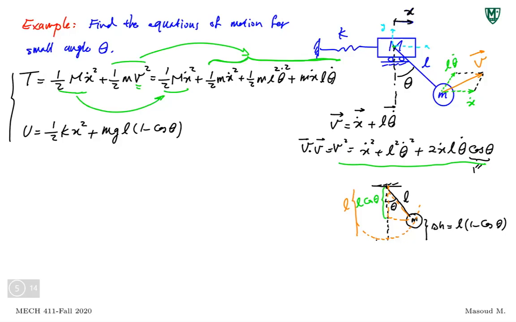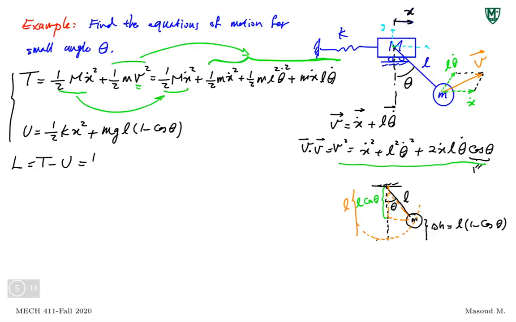Finally, we formed our kinetic and potential terms. So our Lagrange term is nothing but T minus U. The rest is, again, the same story: taking derivatives, following math. The trick, or the challenging part, is to get your kinetic and potential energy right. Once we get those right, the rest is just math.